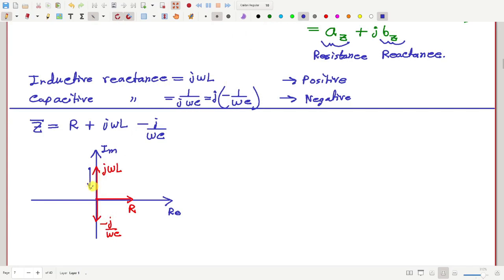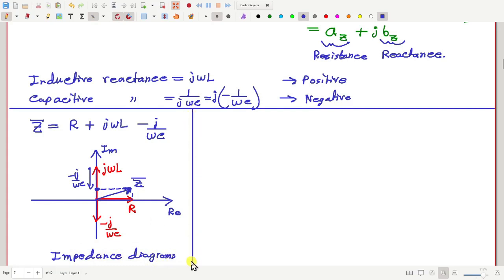Then if you add this part with R, this will be the total vector, the total impedance Z. This kind of diagram is called an impedance diagram.